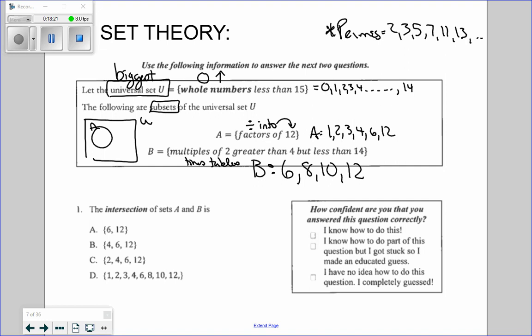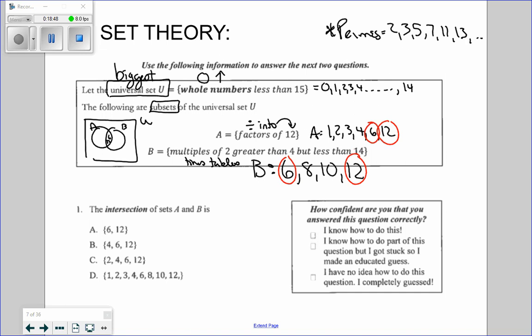Now, notice they have one repeated number. If I were to write this out as a Venn diagram, oh, they have 6 too. Yes, sorry. So if I were to write this out, 6 and 12 would go in the overlap.